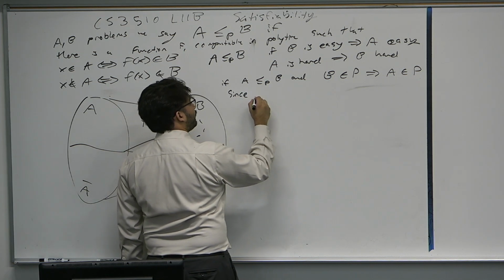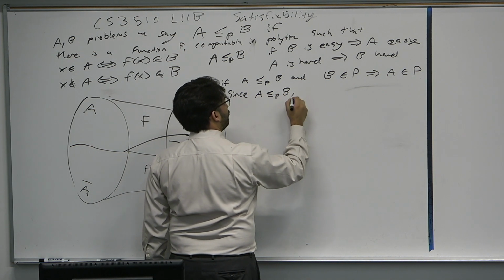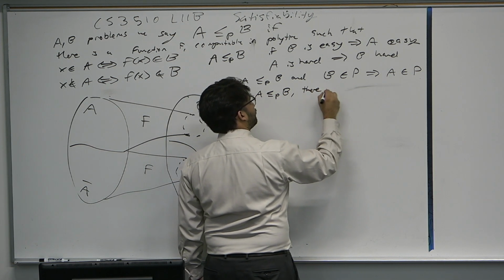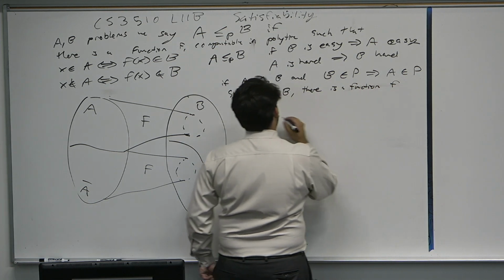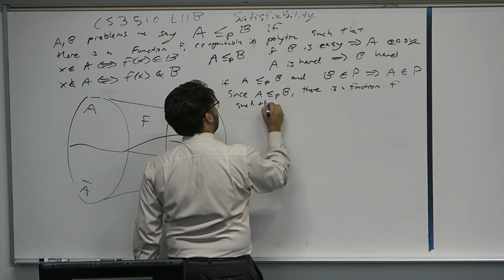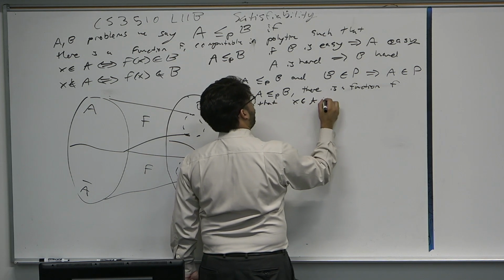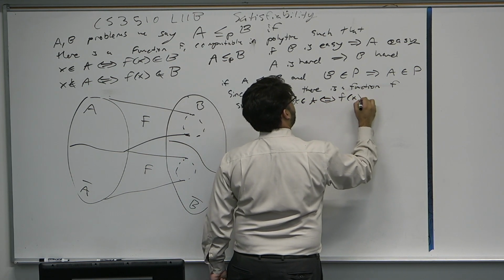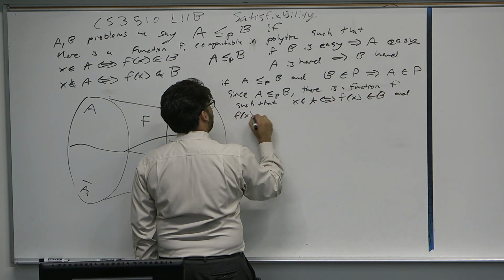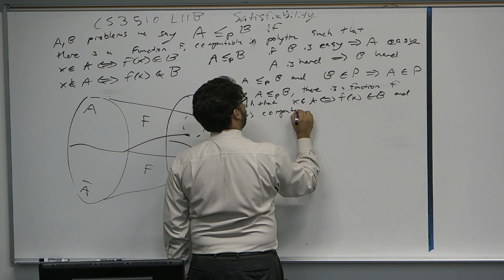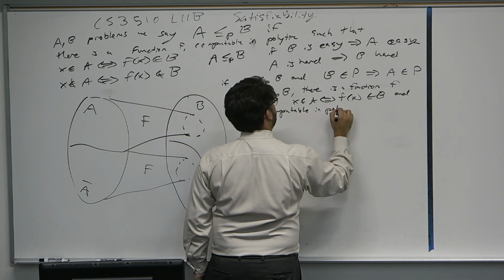Since there's a polytime reduction from A to B, there is a function f such that x is in A if and only if f of x is in B, and f of x is computable in polytime.